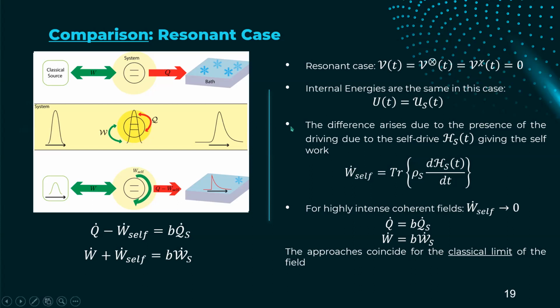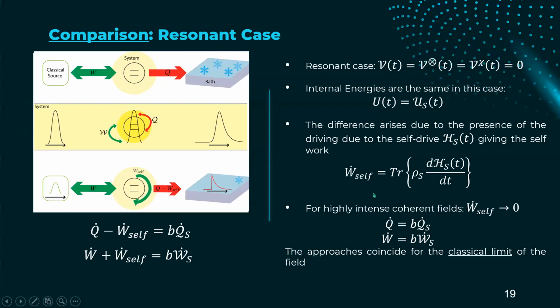Okay. Now, even though the internal energies are the same, the works differ, of course. The works and the heats, they differ. The difference arises, of course, due to the self-drive term, because there is this self-driving that is happening inside the qubit itself, right?